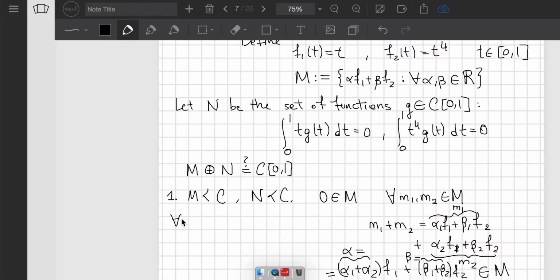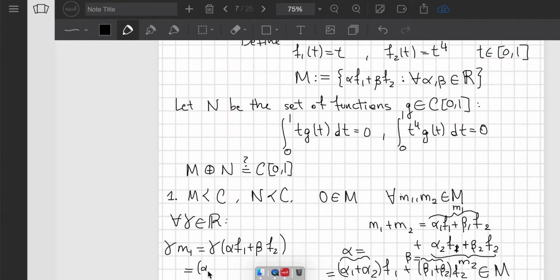So for every gamma belonging to R, gamma m1, where m1 belongs to M, is equal to gamma times (alpha f1 plus beta f2).